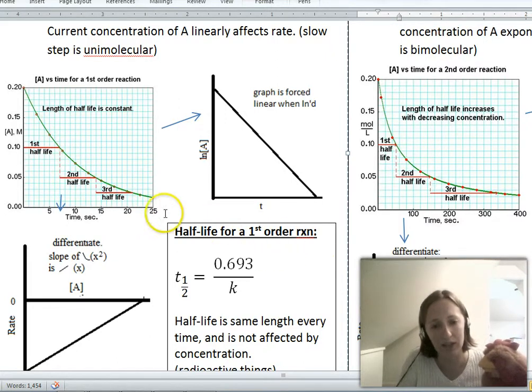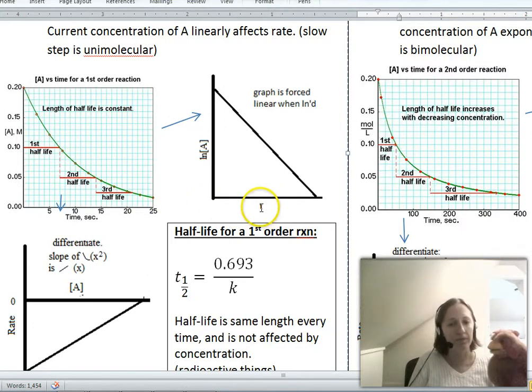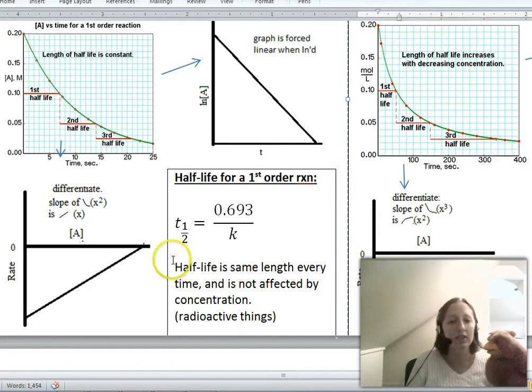Until you get teensy-weensy concentrations, and then you wonder what happens to the last atom, don't you? This is the sort of behavior that is observed with radioactive decay. If there's ever radioactive uranium, it's a first order reaction where it goes and slows down, but the half-life, the amount of time it takes for half of it to decay, is always the same.